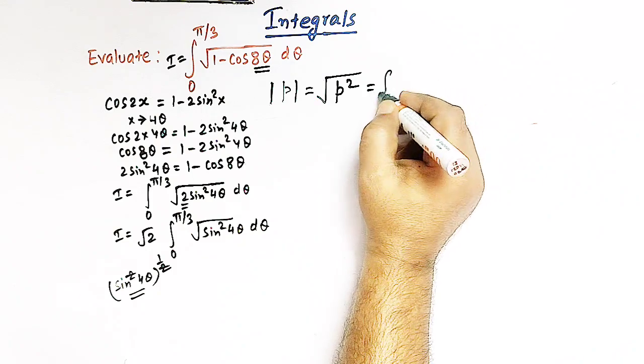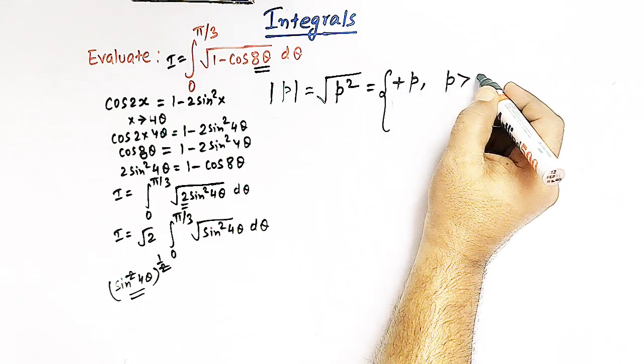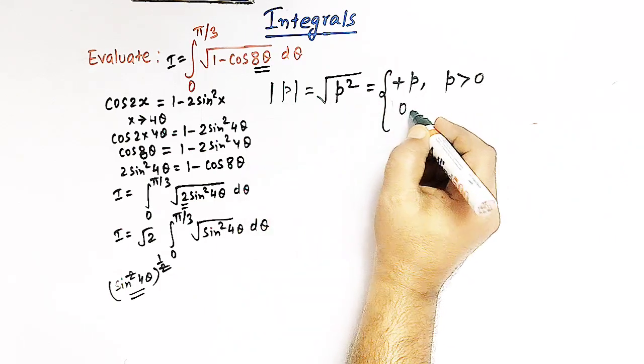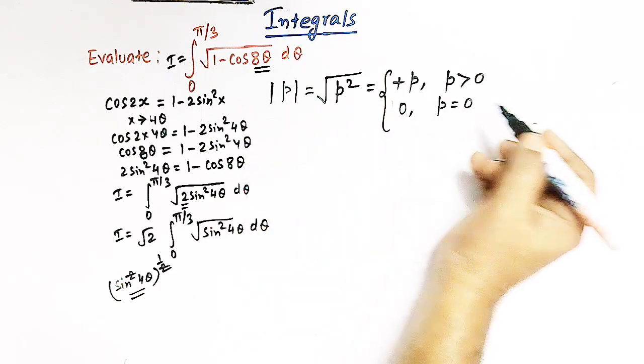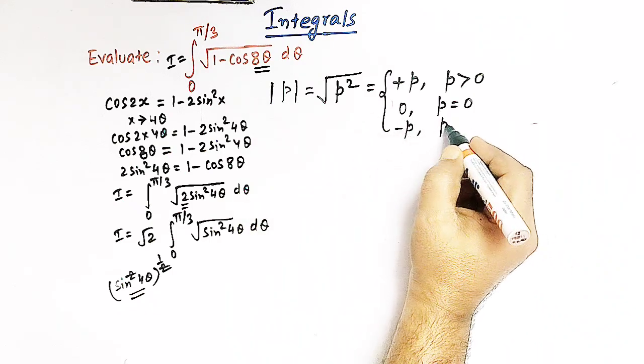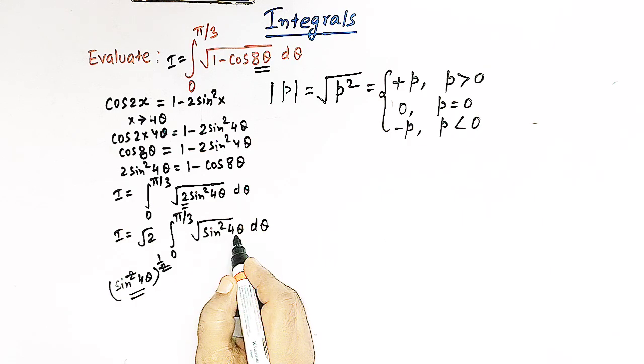It is equal to p whenever p is greater than 0, 0 whenever p is equal to 0, and negative p whenever p is less than 0. Here we have the square root of sine square 4 theta.